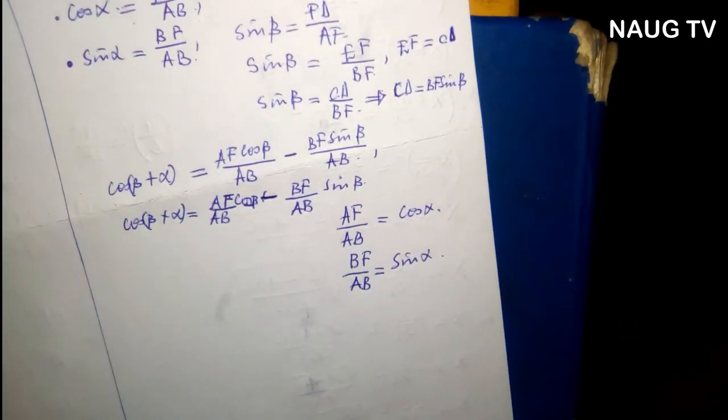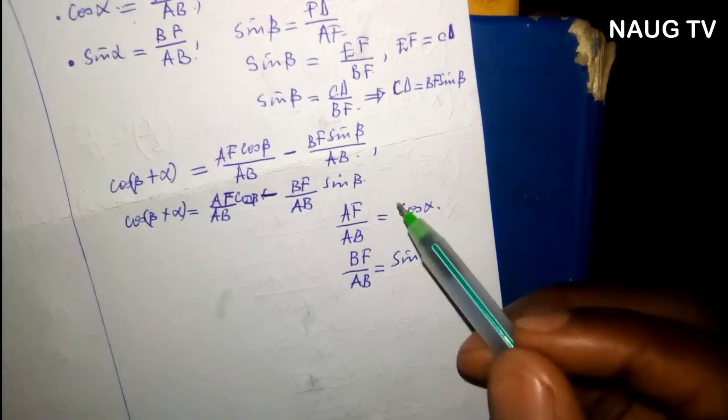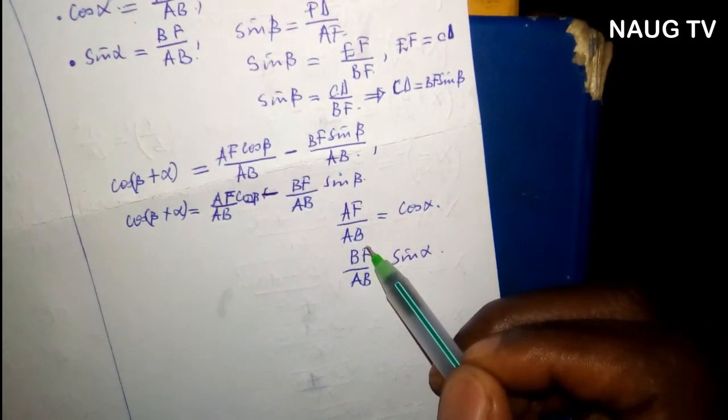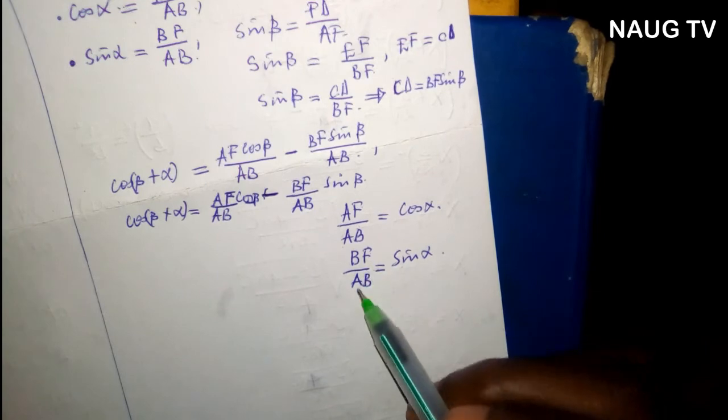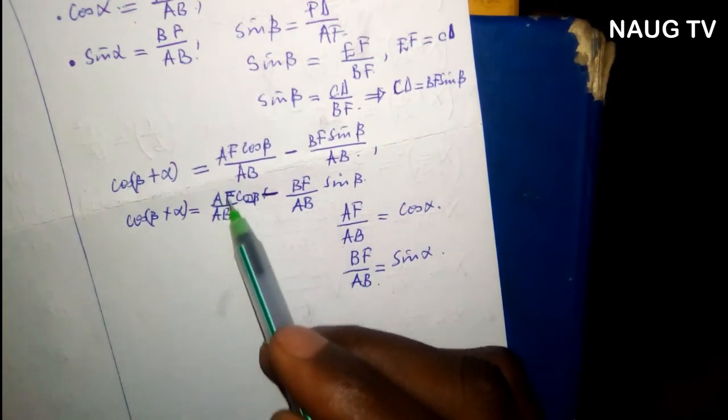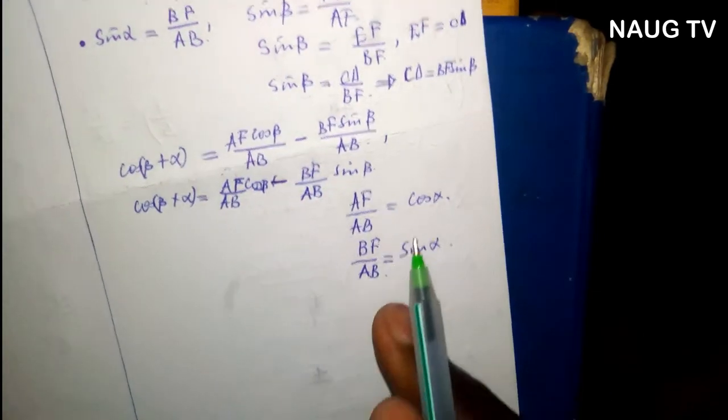So at this point replace AF over AB and BF over AB in their positions.